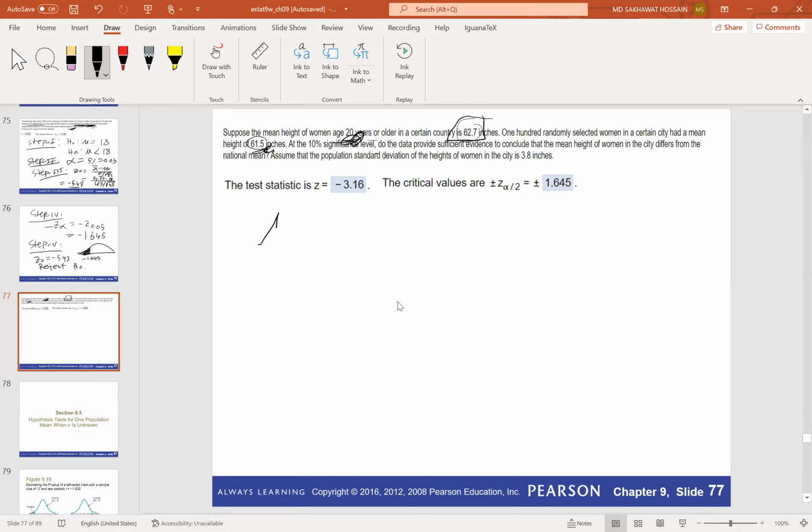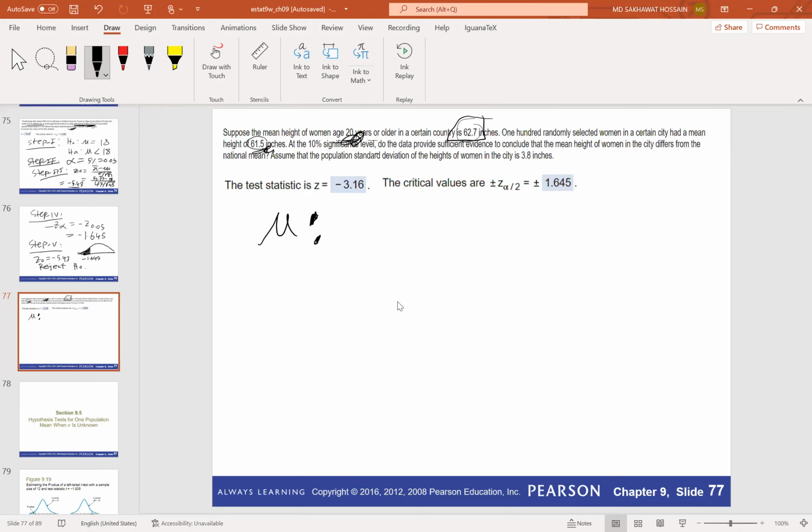So what is actually mu here? The population mean. So what is the population here? All the individuals we are interested in.